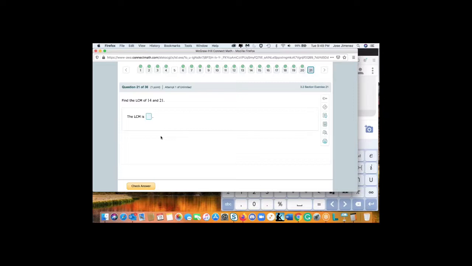The least common multiple of 21 is the same idea. 21 plus 21 is 42, plus 21 is 63, and then plus 21 is 84, and you continue similarly until you hit the first number that will match. That's why we call it the least common multiple.